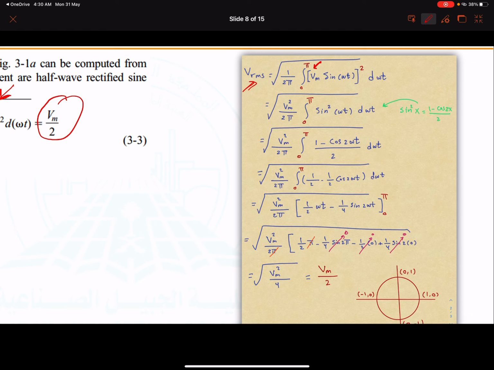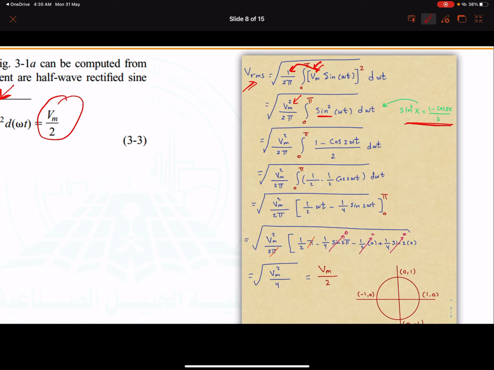Now, as we said, V maximum is a scalar quantity, so we can take it out, like here, and of course with the square, and then sine is already squared here, right? Now sine squared from calculus is equal to what? 1 minus cosine 2x divided by 2, right?